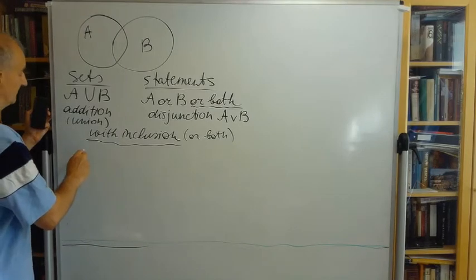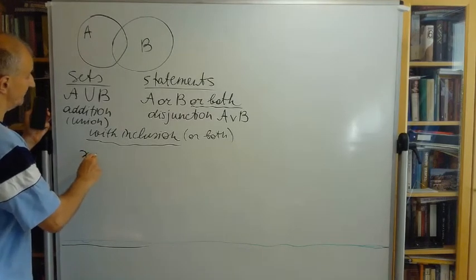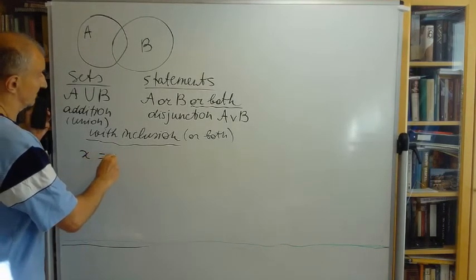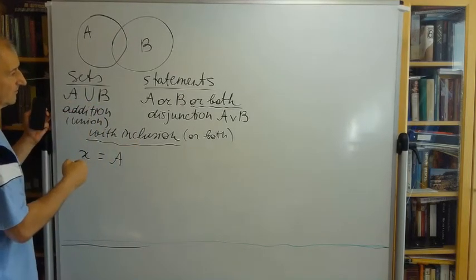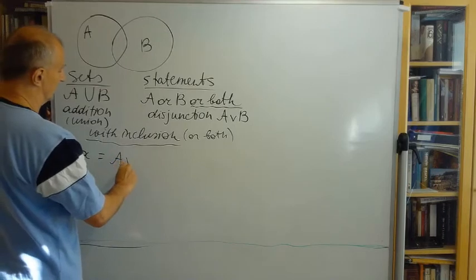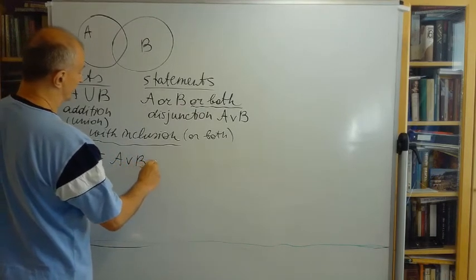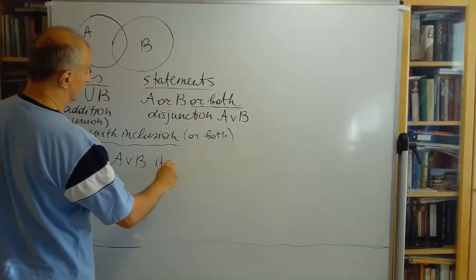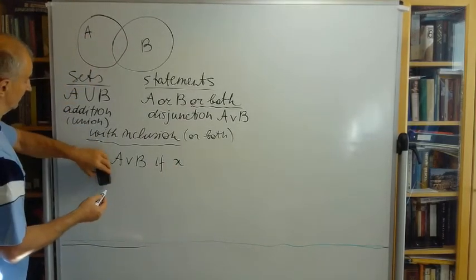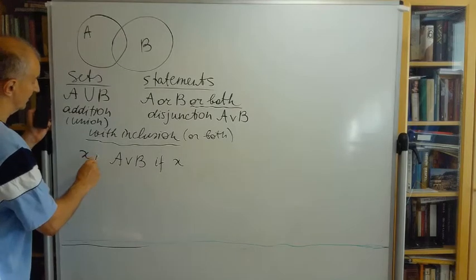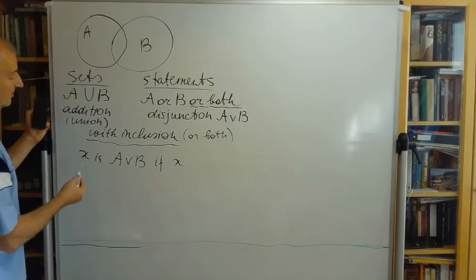So I will say X is A. I will not rewrite it for sets, but I will rewrite for statements. A disjunction B. You can say X belongs to A disjunction B, or X is a statement, because it's a statement.